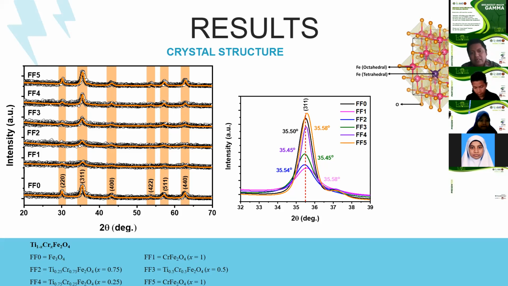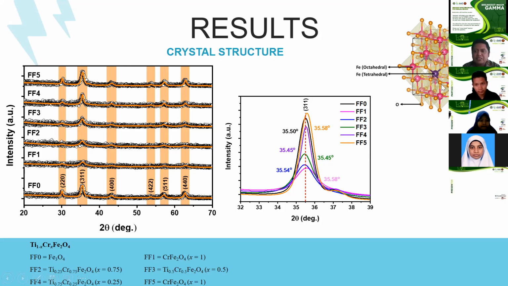Because titanium and chromium have different ionic radii and different magnetic moments, they will increase the magnetic properties and also the stabilization of the ferrofluid.